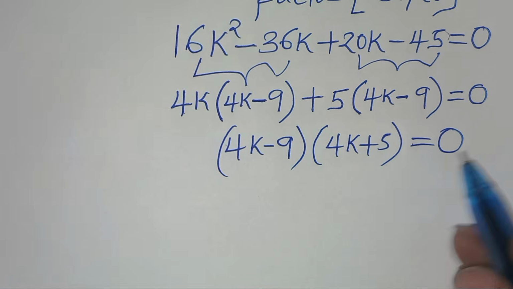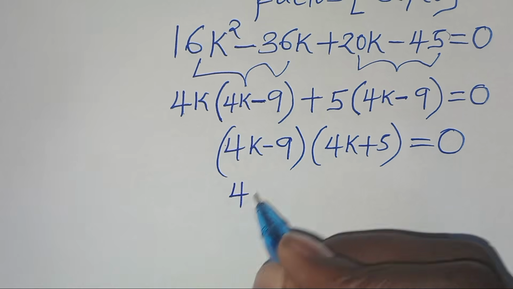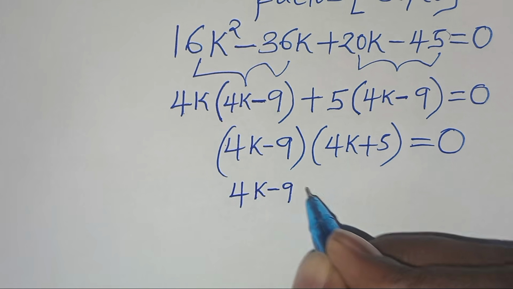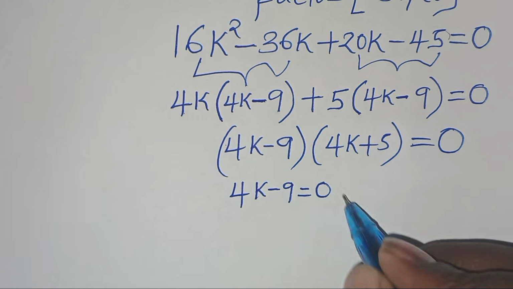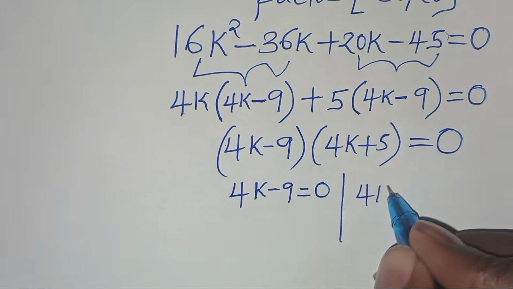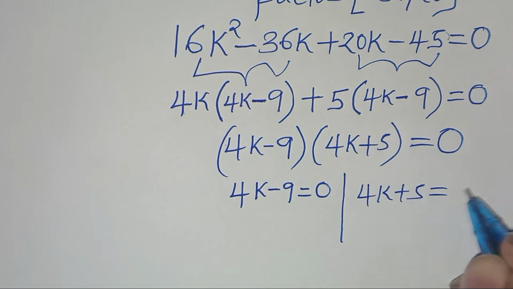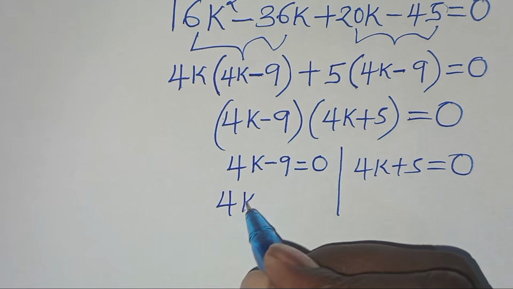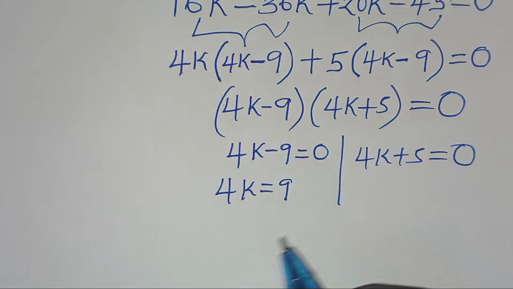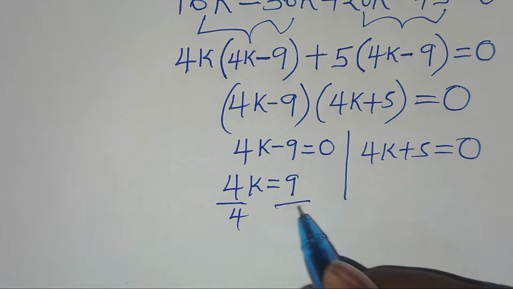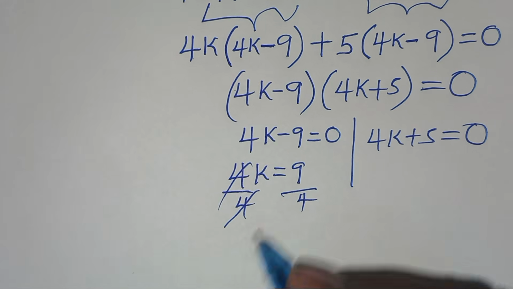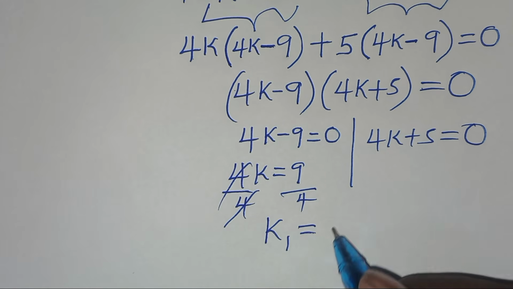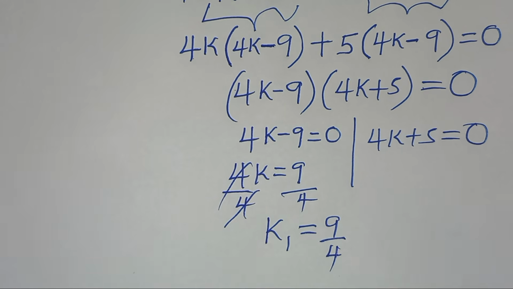So we have two cases here. That is 4k minus 9 equal to 0, and 4k plus 5 equal to 0. From the first case, 4k is equal to 9. Let's divide both sides by 4, and this means that k1 is equal to 9 over 4.